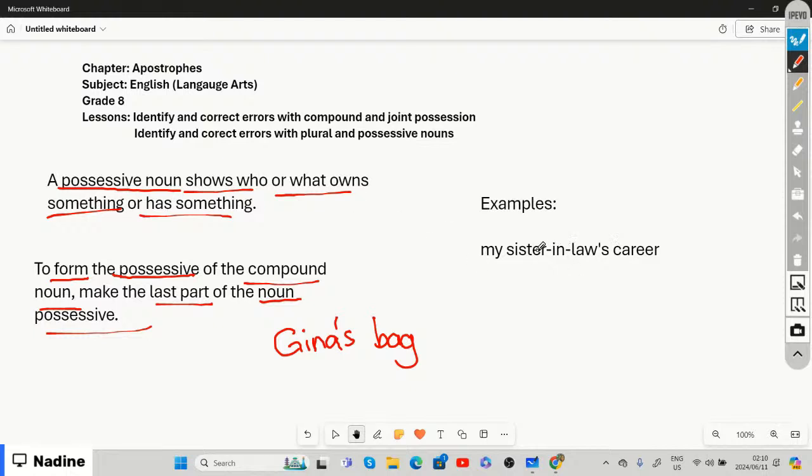For example, my sister-in-law's career. We don't say my sister's career, we say my sister-in-law's career. So that is where we start adding our apostrophe, and this gives us the idea of a compound noun.